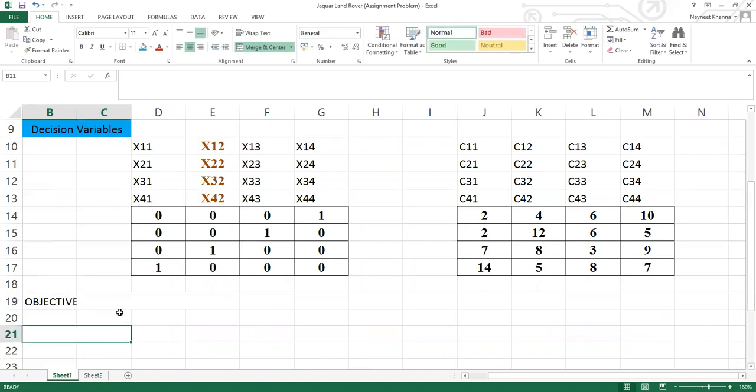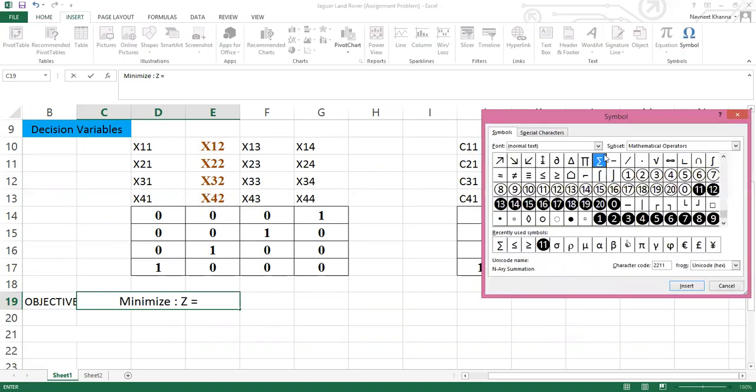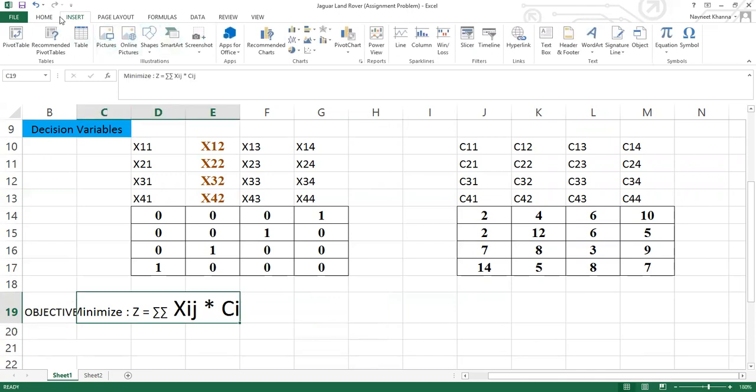The objective is to minimize, that is, Z is equal to the sum over i, sum over j, Xij multiplied by Cij, right? This is the objective function which we have.